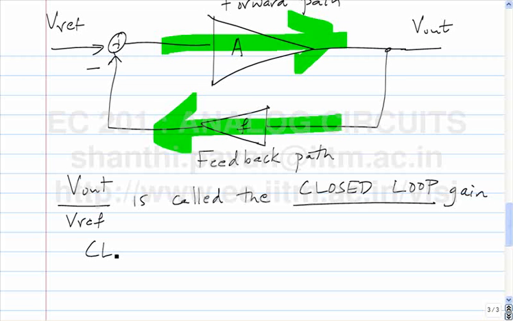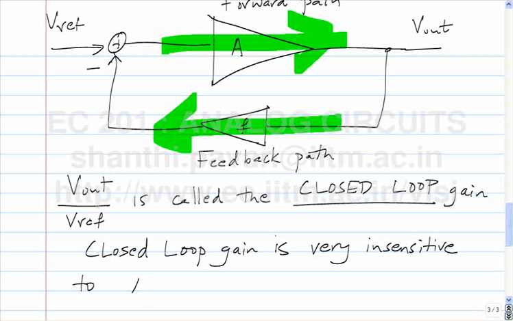So what do we notice? The closed loop gain is very, very insensitive to A, as long as this quantity AF is much larger than 1.